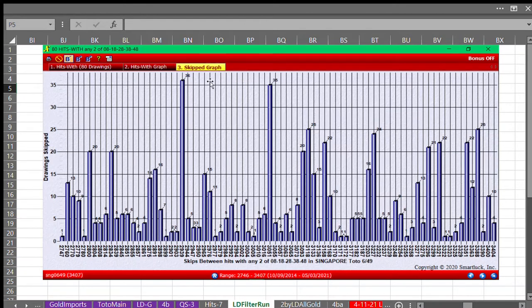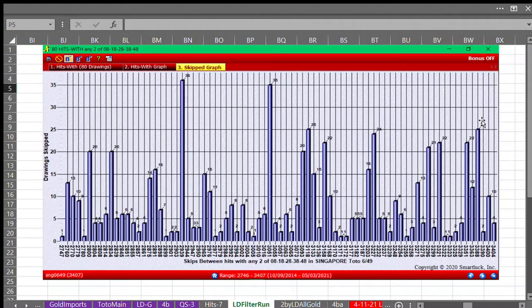So over here you can see 36 drawings where you had to wait, where this particular pattern or variable occurred, and here was 35. Now one thing that's very important to realize is that if you remember on the table that we just looked at, the last skip here was 24, but you can see this is 25.